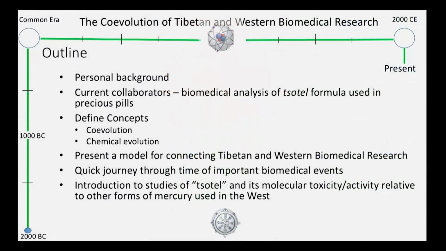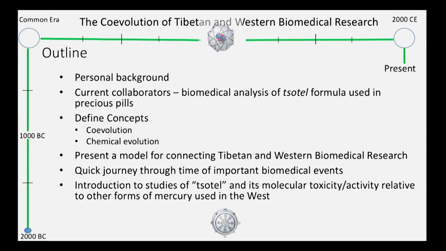What I'm going to do in this talk is to discuss some concepts: give you some of my personal background, some of the current collaborators, define concepts of coevolution and chemical evolution, and also take you on a quick tour of some of the developments in Western science, and particularly my area of pharmacology, as it relates to Tibetan medicine, and trying to understand that.